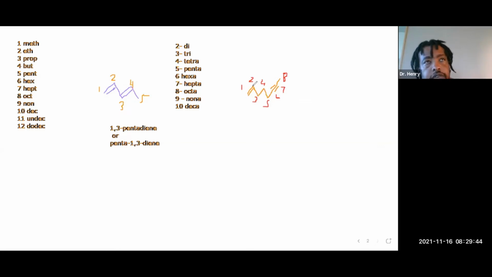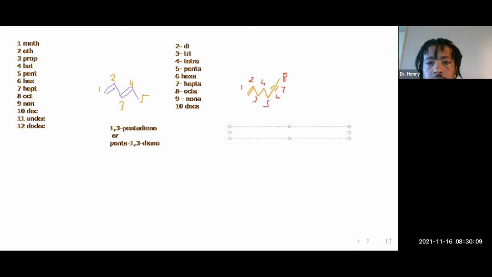We want to try to give everything the lowest number that we can give it. In this case, the double bond has the lowest number, 1, whereas the triple bond starts at the 6th carbon. So there are two ways of naming it.